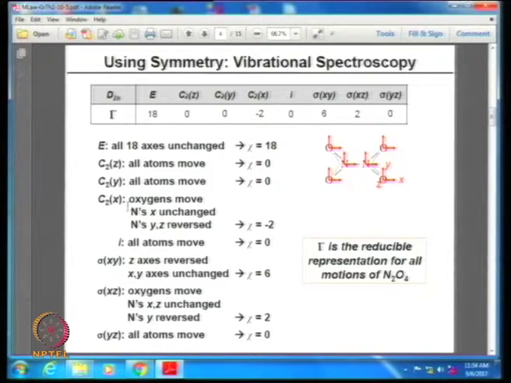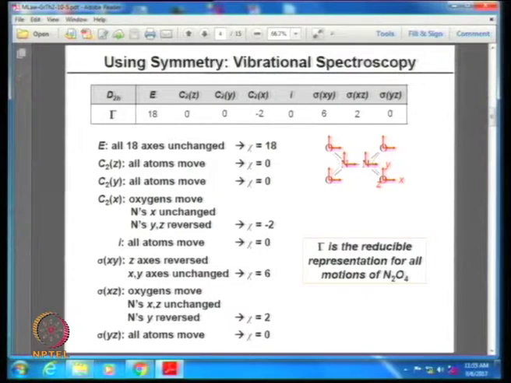But sorry, this was C2 of Z, so take C2 of X. The oxygens all move, but the ends of the X are unchanged, and the ends of the Y and Z are reversed. So in this case the X axis is this way.